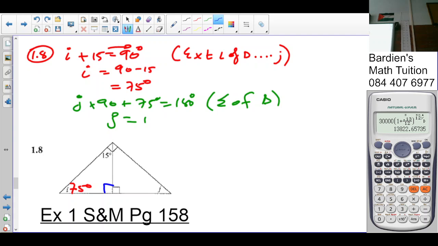Why is that 90? Angles on a straight line. And then we can say 90 plus J plus, but then we see we're still shorting that angle there. So if you had worked that angle out first, if that is 90, you will say that angle is 75 degrees. Why? Because that angle is 90, and exterior angle is equal to the sum of the interiors, which is actually a longer method.